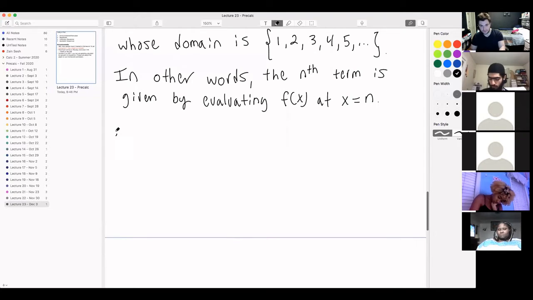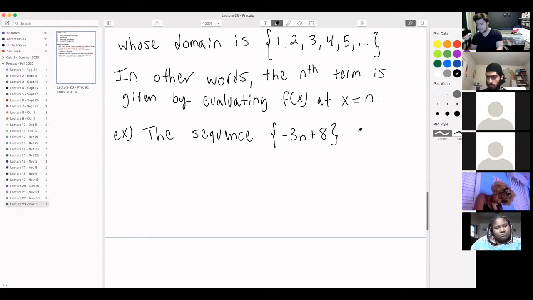Okay, so example. This is where things will hopefully become clear. The sequence negative 3n plus 8 is explicitly defined.